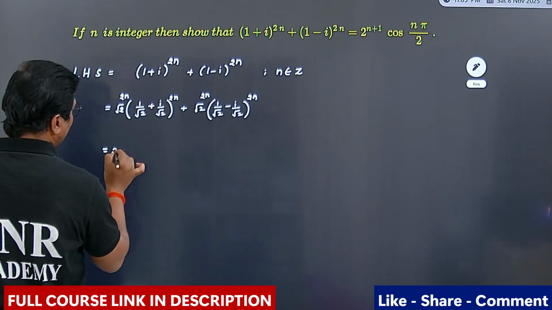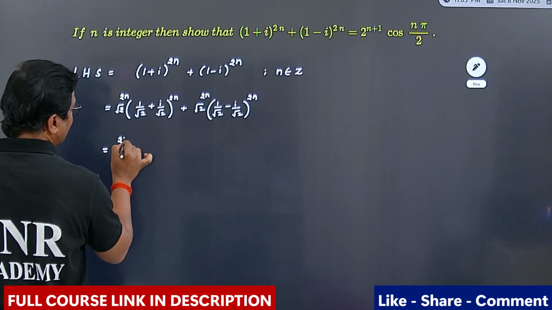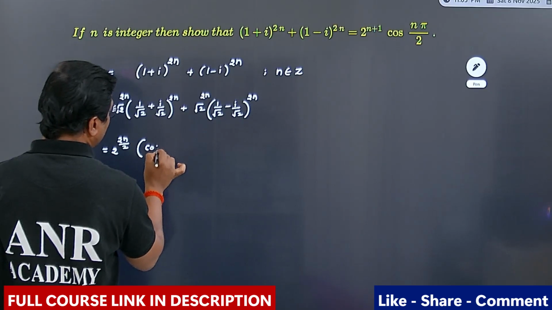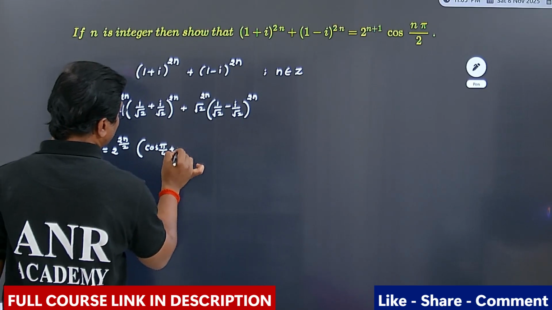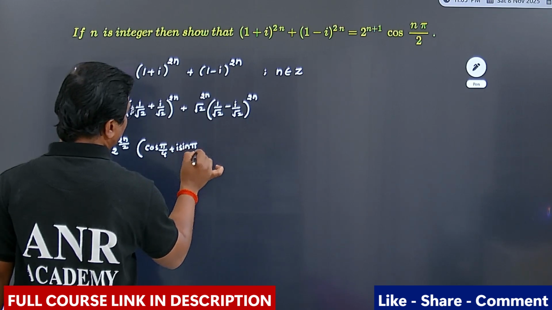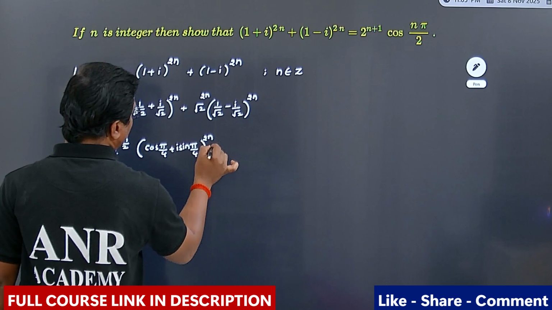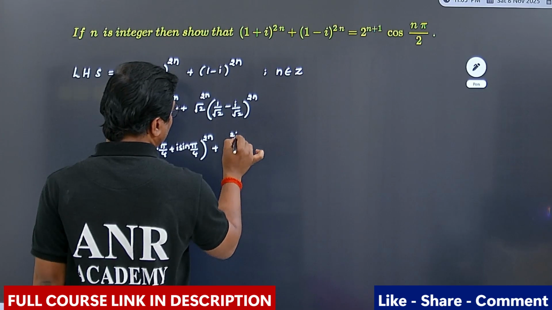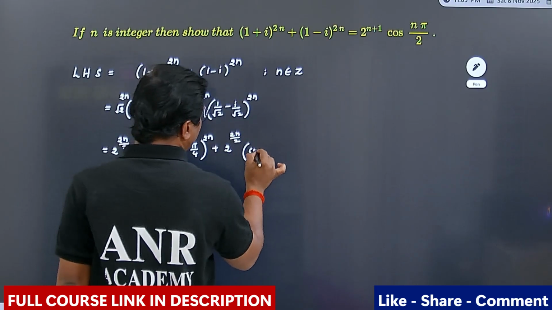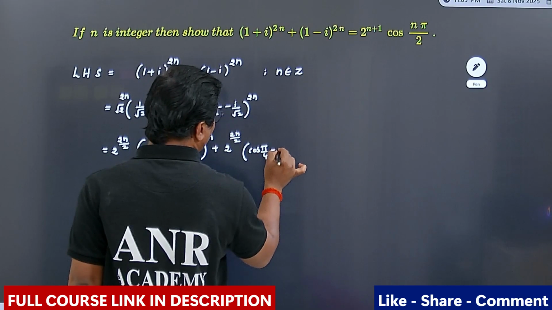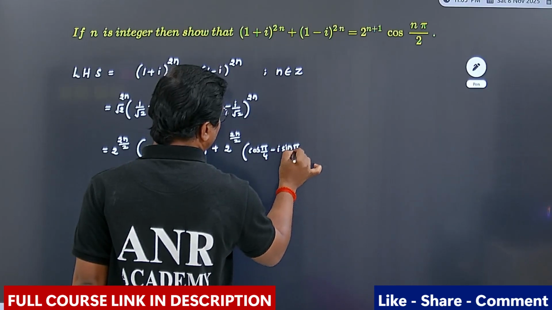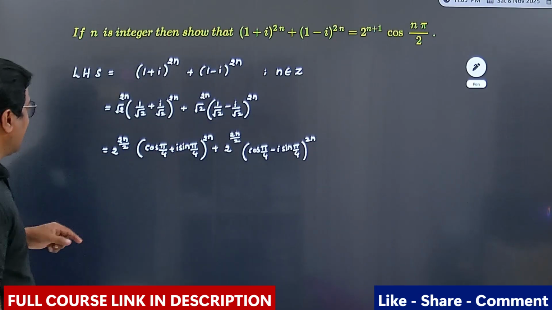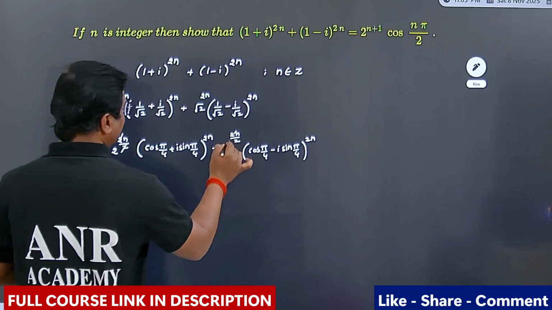This is 2 to the power of 2n divided by 2, and cos pi by 4 plus i sin pi by 4 whole to the power of 2n, and here root 2 power 2n is written as 2 power 2n by 2. Inside you can write cos pi by 4 minus i sin pi by 4 power 2n. 2 gets cancelled here and here also.